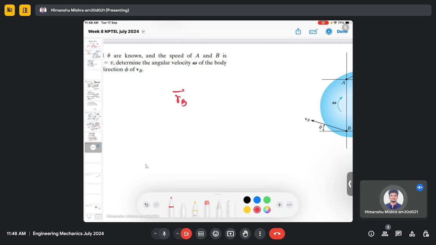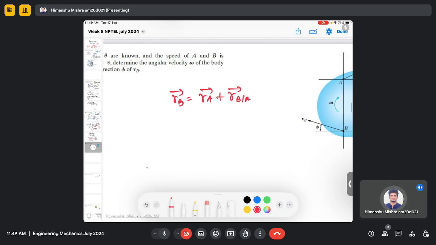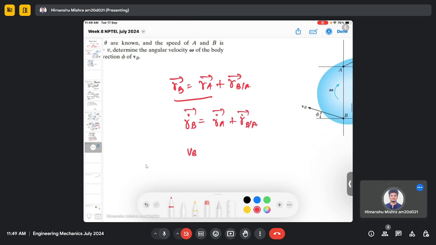Let's say you have a position vector at B, which is given as position vector of A and position vector of B with respect to A. Now if I differentiate this expression in time, I can find the velocity of point B equals the velocity of point A plus the relative velocity of point B from point A, right?